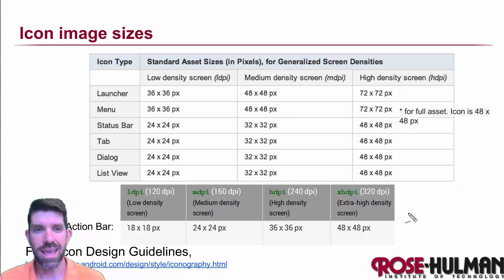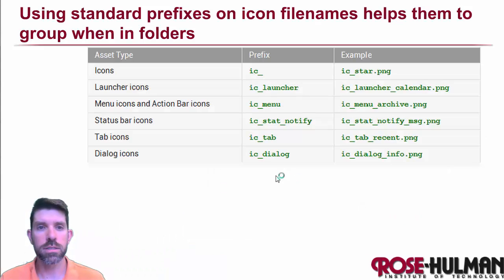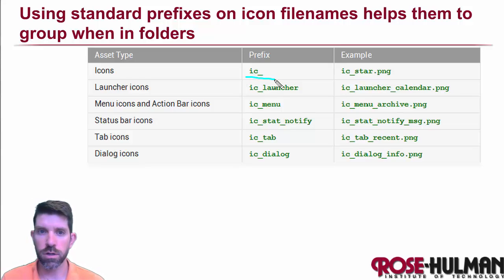They also want us to name our icons using standard prefixes, and it just makes it easier for us to organize our stuff. You'll probably notice that I used ic underscore for all the ones that we used in our lab, and again, this just stands for icon. We might have ic menu, or we might say ic action. Either one is okay, just as long as we're pretty consistent.